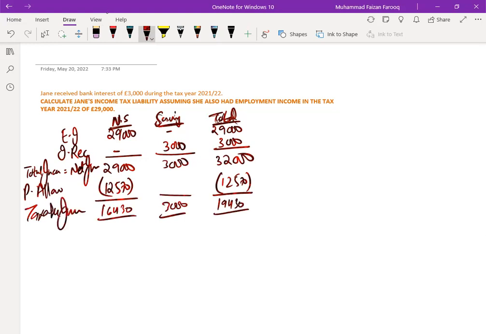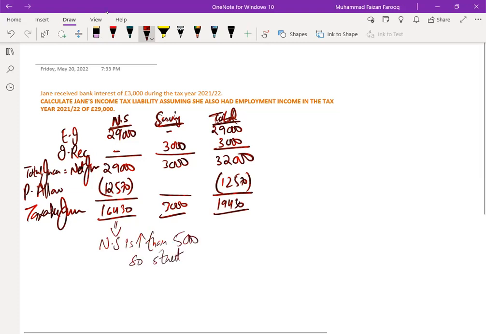On taxable income, we are going to apply tax. See what I am writing: non-savings is higher than 5,000. So, do we have a start band? No, we will not have a start band because the condition is not satisfied.